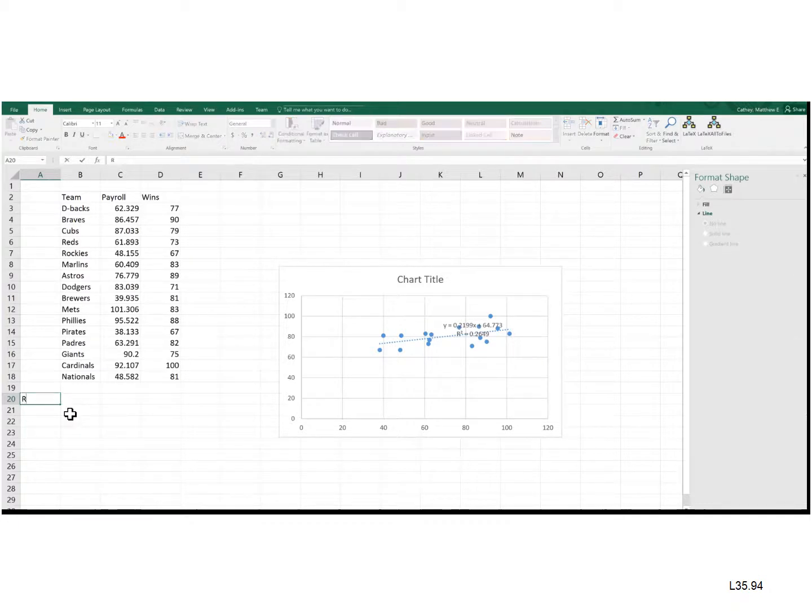If r squared is 0.2649, then what's r? Well, r would be the square root of that.